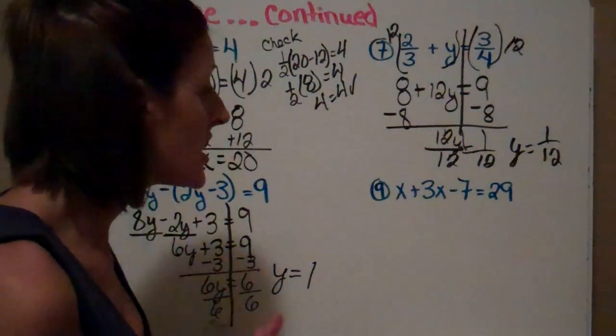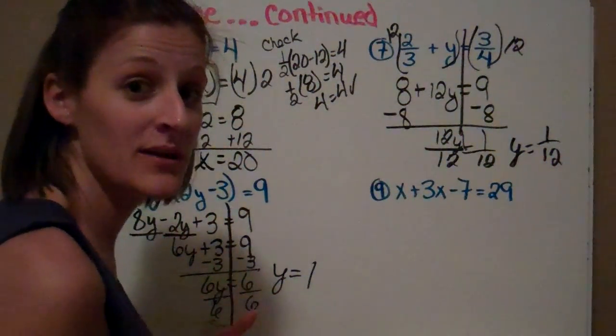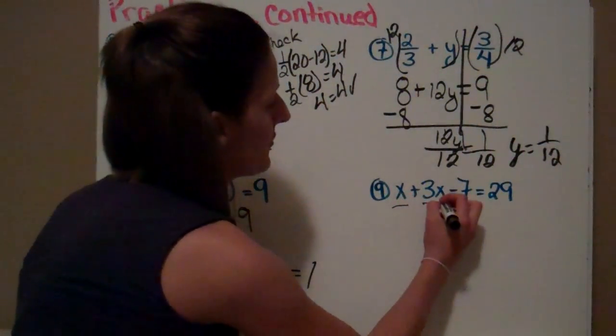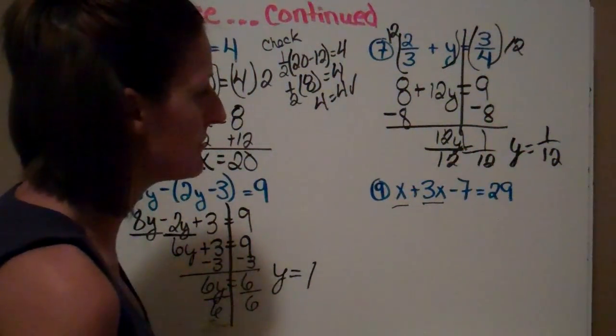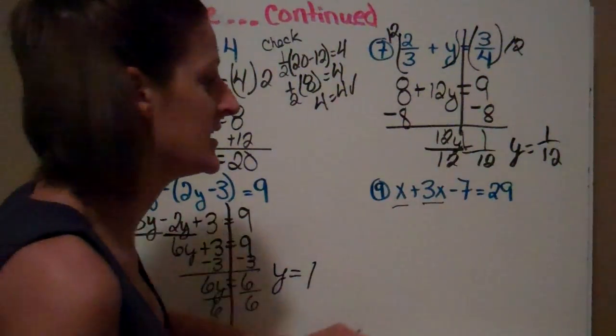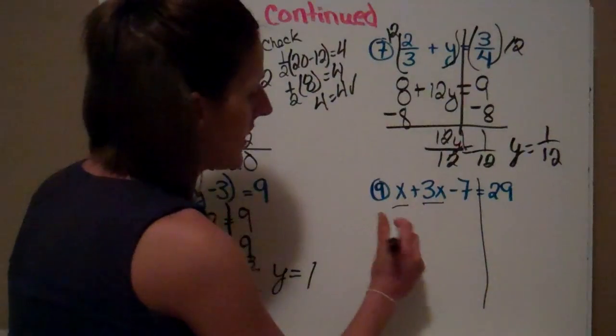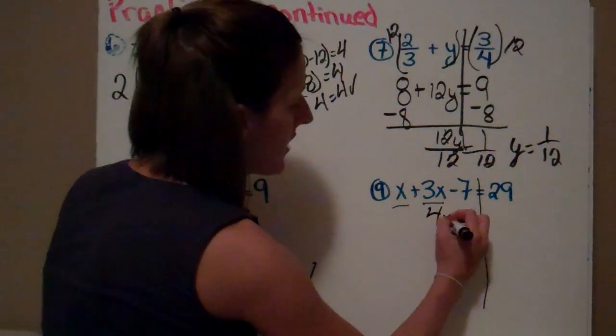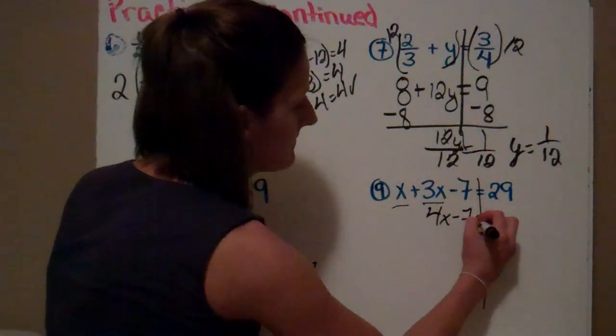Okay, the next one, more distributive property. Don't need to do it. Don't even need to get rid of fractions. All we need to do is move on to combining like terms. So I've got x and 3x over here that need to be put together. Notice 29 all by itself, one term, don't need to do anything to it. Alright, x plus 3x is going to give me a 4x. Still have the minus 7.